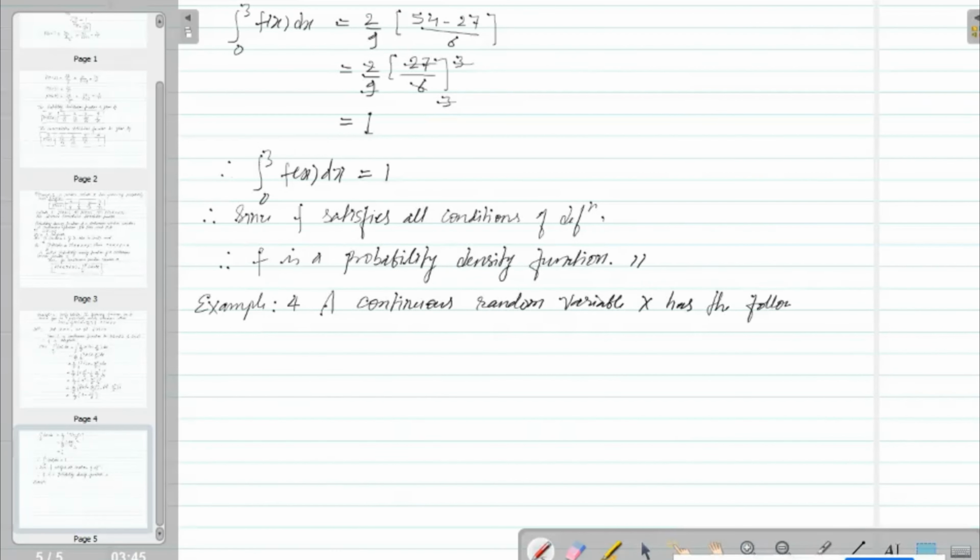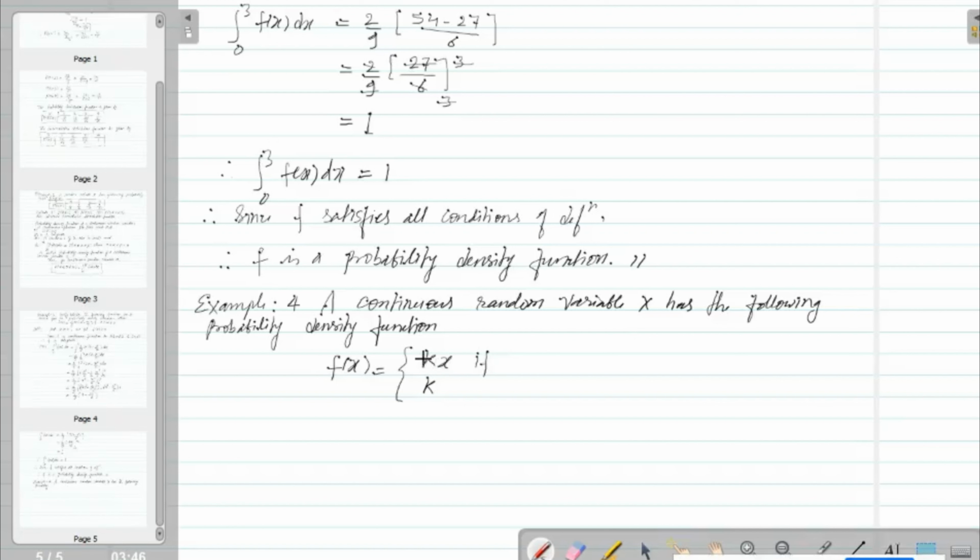The density function is given to you: f(x) = kx, where the first condition holds, that is 0 ≤ x < 1, meaning x lies between 0 and 1, and f(x) = k if the second condition holds, that is 1 ≤ x ≤ 2. This function is defined for you.